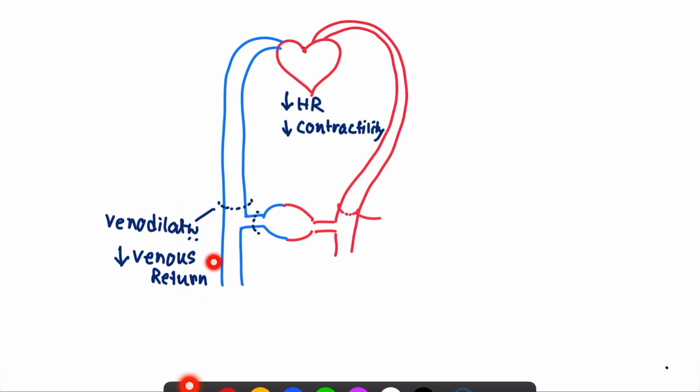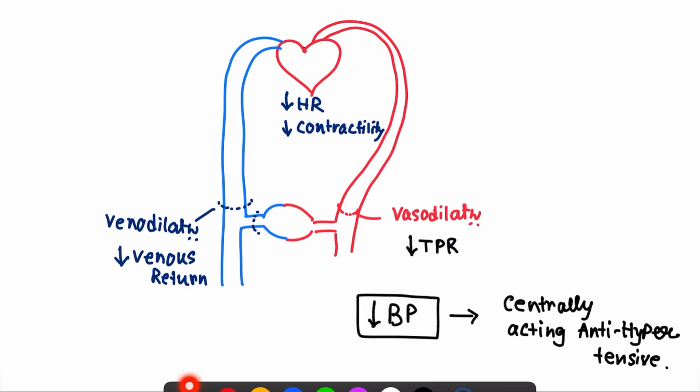There is reduced venous return, therefore the diastolic BP will fall, as well as there is vasodilatation on the arterial side. There will be reduced total peripheral resistance, and automatically your BP will be reduced. So ultimately BP will reduce, therefore we call it a centrally acting antihypertensive drug.